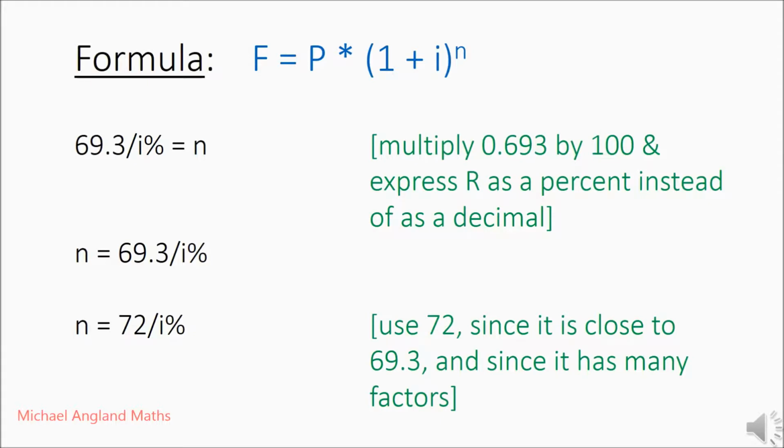Well, 72 is close to 69.3, and 69.3 has almost no factors, but 72 has a multitude of factors. So you can easily divide this if you've got some numerical skill without picking up a calculator. So almost any interest rate can be reasonably quickly divided into 72 mentally.